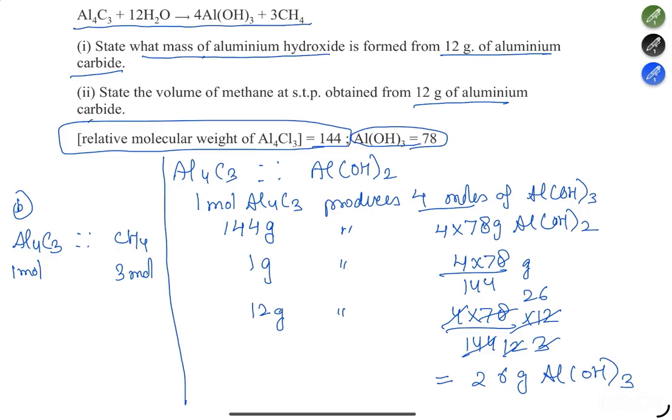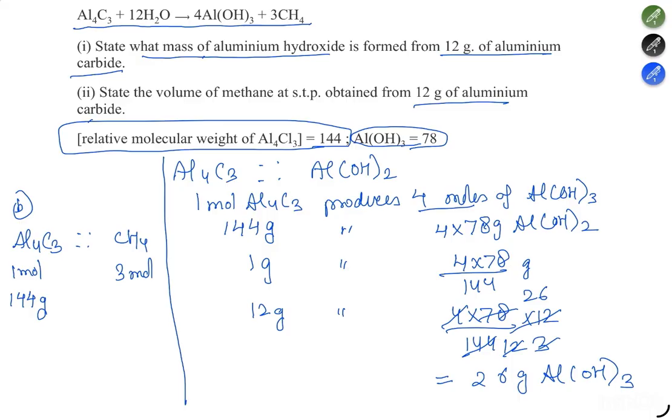So 1 mole of aluminum carbide produces 3 moles of methane. So 12 gram will produce how many liters of methane gas? So again what we have to do here, if they are giving the grams, I have to convert this into mass. So 144 gram of aluminum carbide, it's producing 3 moles.